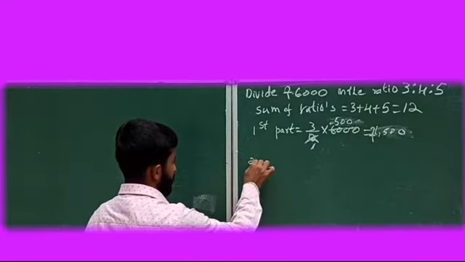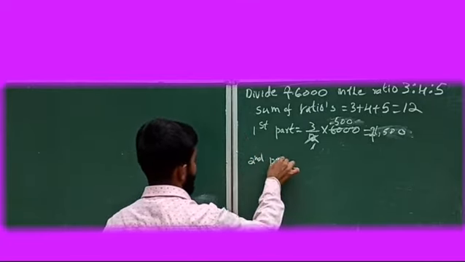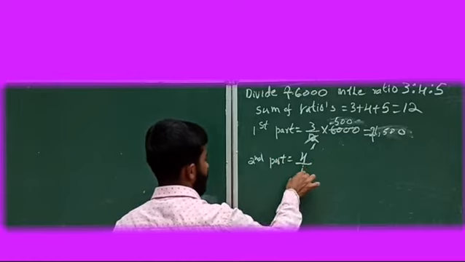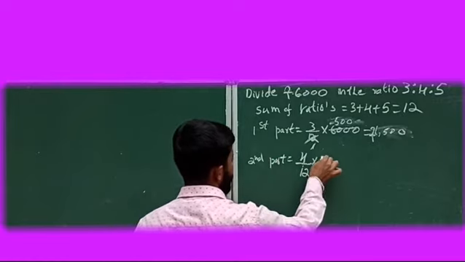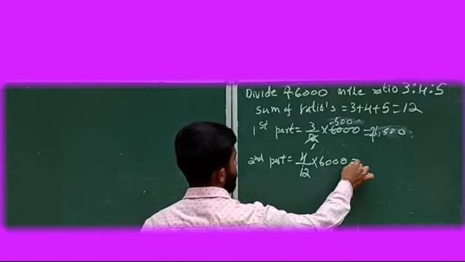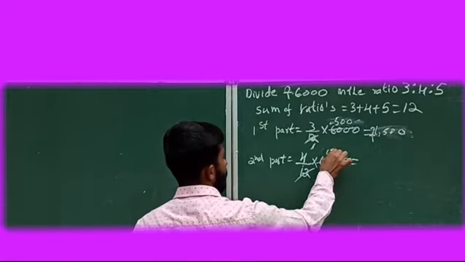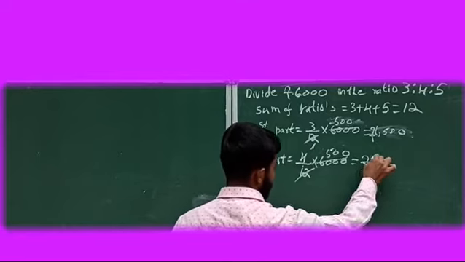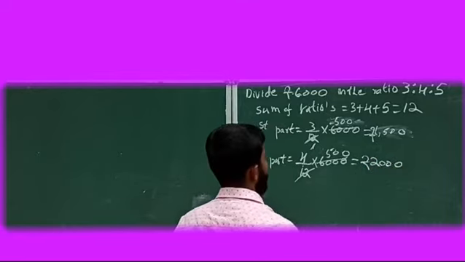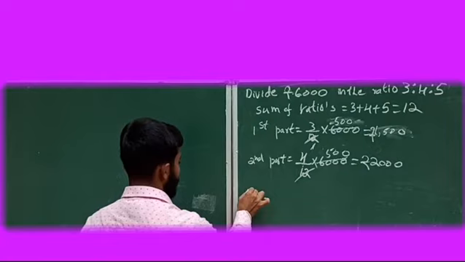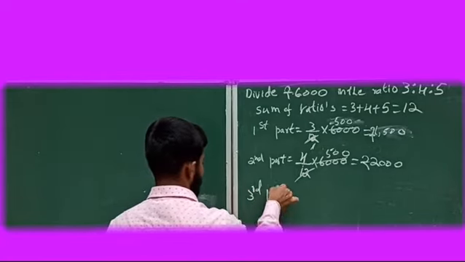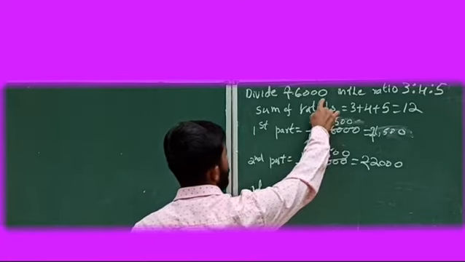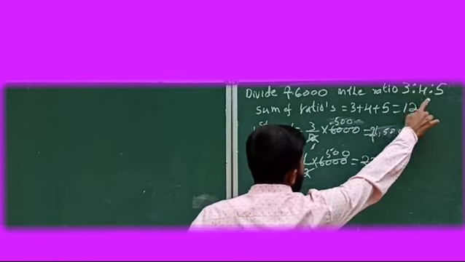Second part. Second part is equal to, what's the ratio? 4 out of 12 of the total sum, which is 6,000 rupees. Then here multiply 500 into 4, it's equal to rupees 2,000. Okay. Then the third part is equal to, see, ratios 3:4:5.